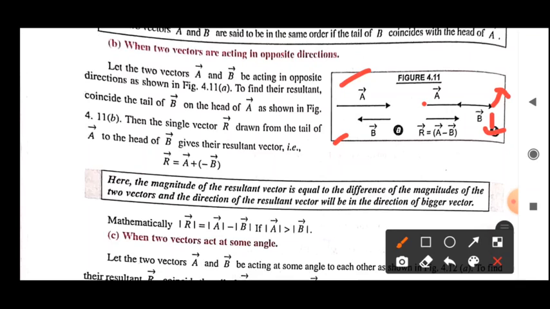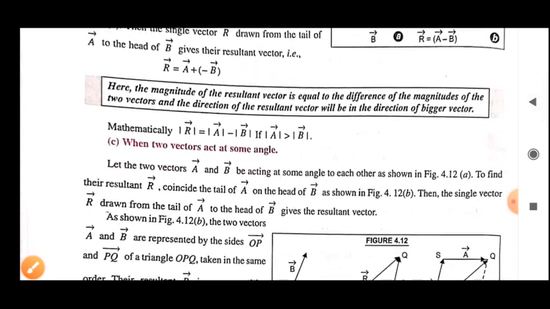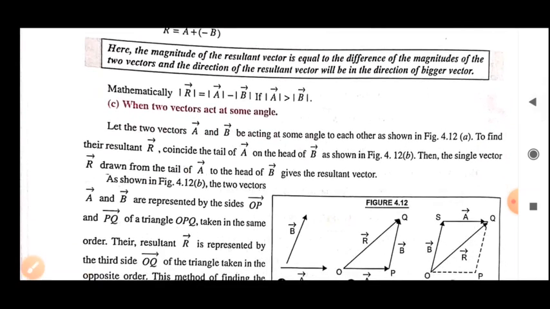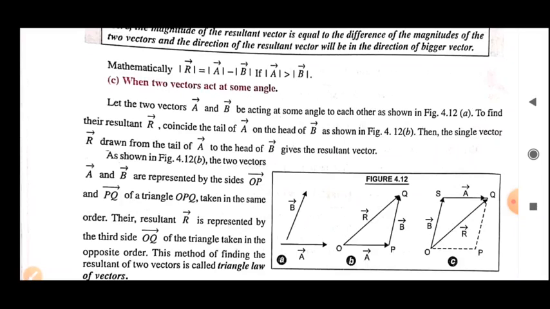So the tail of B is at this point, and the head of vector B is here. This vector reduces the first one by this amount, so we obtain the rest of the vector. This is A minus B. In this way you can understand the subtraction of vectors: when vectors are in opposite directions, they are subtracted exactly.